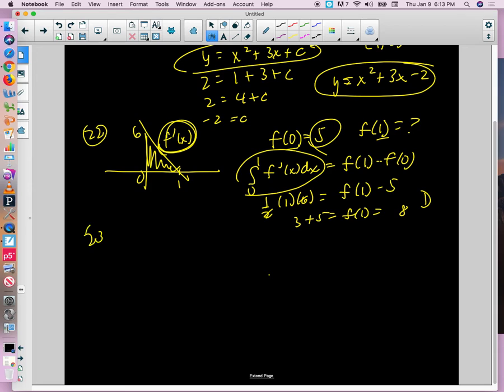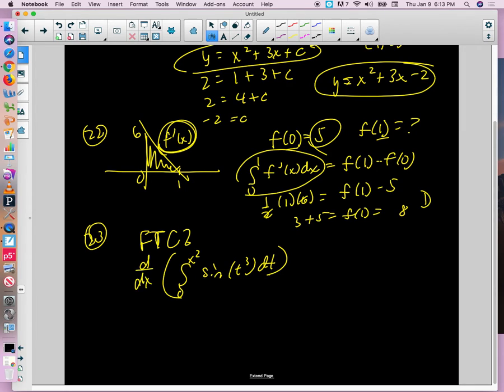Number 23. This is the second fundamental theorem of calculus, the FCT2, where if I have an integral from 0 to x squared of sine of t cubed dt, and then I take the derivative of it, these basically cancel each other out. But let's remember what we're going to do as we do that.